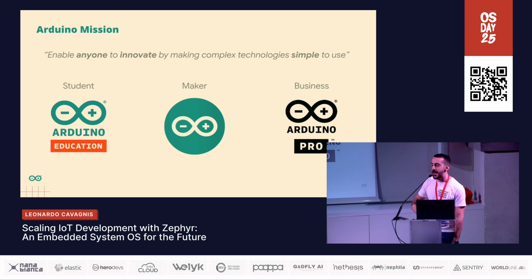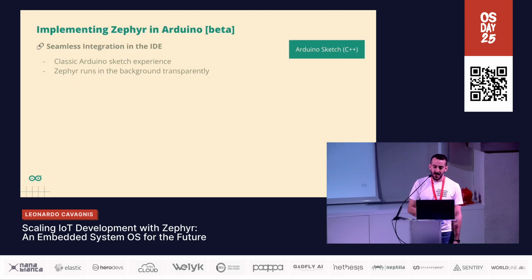Okay, how do we implement Zephyr in Arduino? Zephyr has two approaches with Arduino. Zephyr OS has native support for Arduino boards, so you can use Zephyr directly on some of the Arduino boards. But there is another approach.